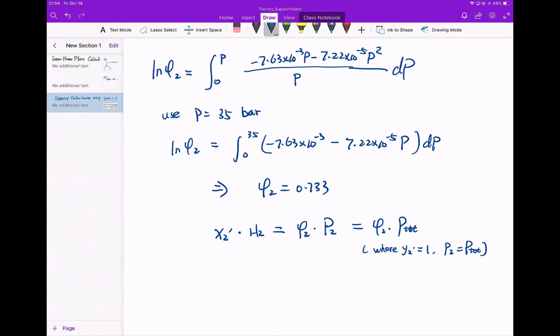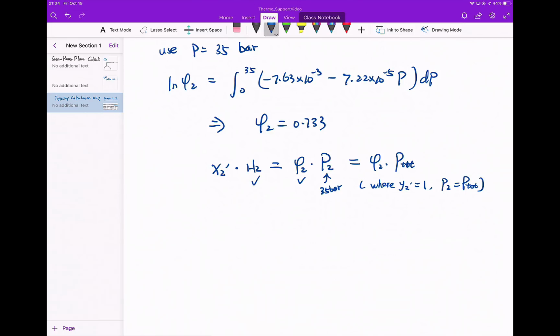Okay, so we have this calculated. This is also known. This is 35 bar. Then you put all those numbers. You can easily have x2 prime times 5 times 35.